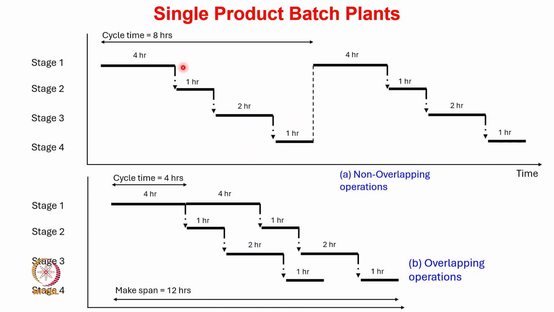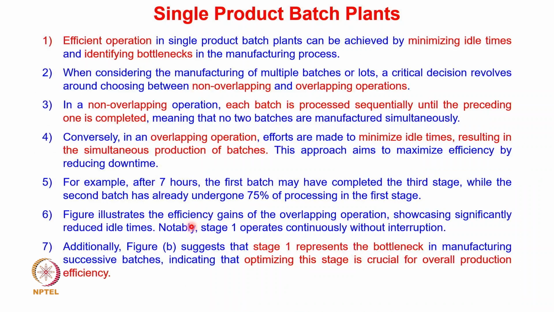For almost 4 hours it remains idle here, but in the second stage you can see that we are using this particular thing efficiently, isn't it, in the overlapping operations. Additionally, figure B suggests that stage 1 represents the bottleneck in manufacturing successive batches, indicating that optimizing this stage is crucial for overall production efficiency.